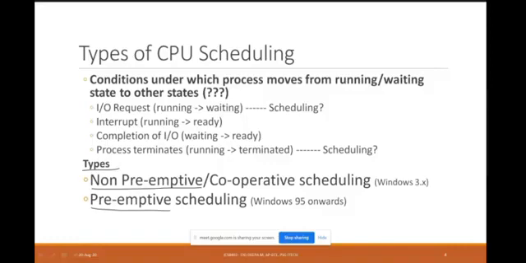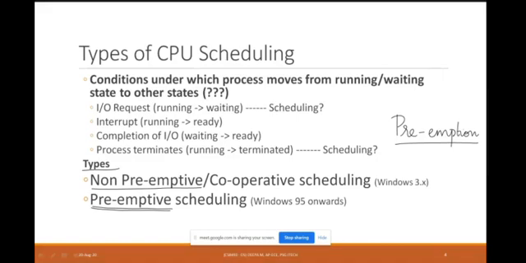Okay. Preemptive, what is the meaning of this term preemption? Preemption means, suppose you are doing an assignment, you can save your assignment and do it at a later point of time.